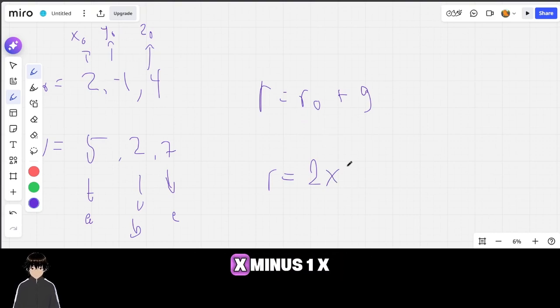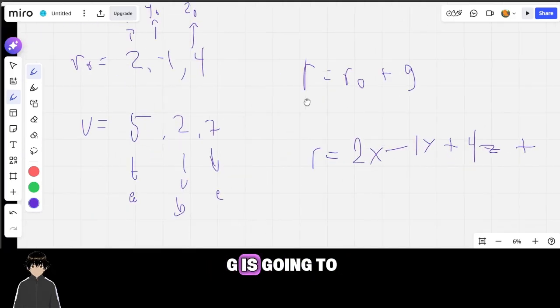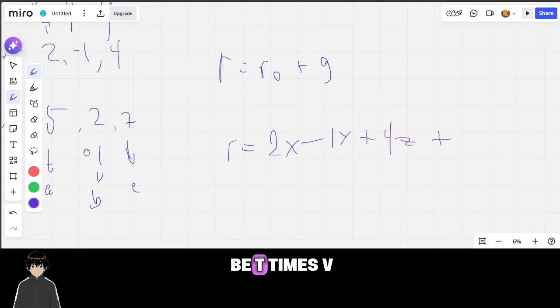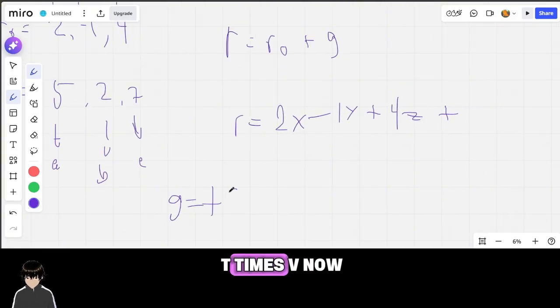So we have 2x minus 1y plus 4z, plus g. G is going to be t times v.